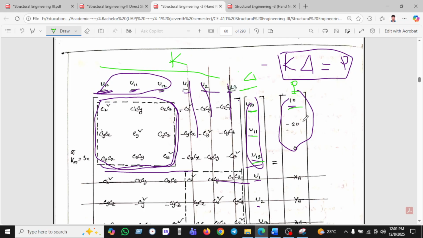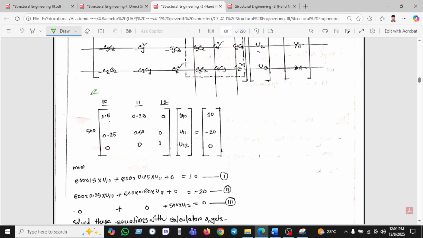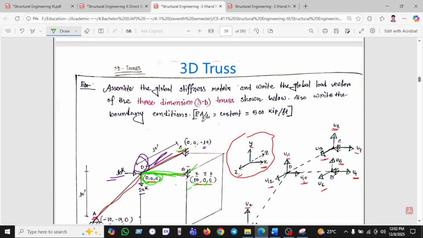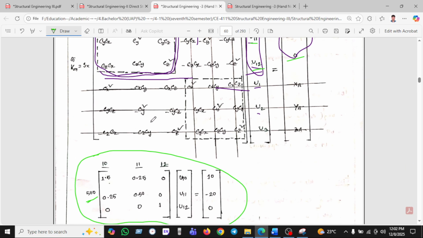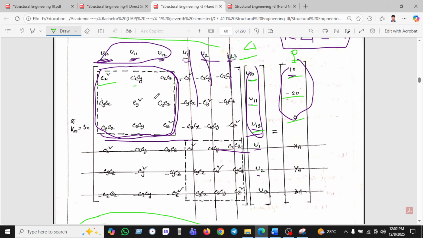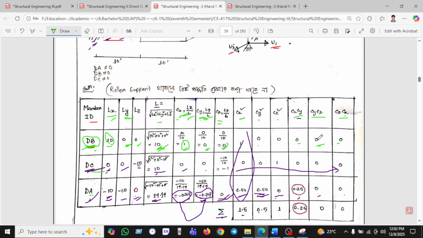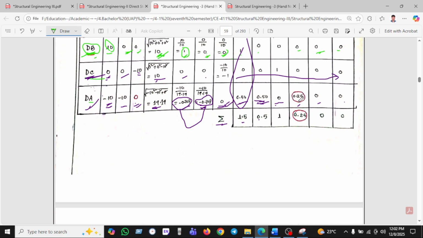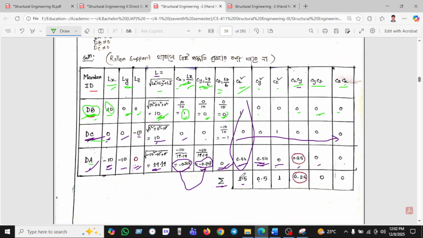That's why 10, minus 20, and 0. After finding this value, we can write it in this way, in short form. The given value of K is EA divided by L, given in the question. So we just put it in, and we use Cx square, as we have found here. Cx square, we have seen, is 1.5.